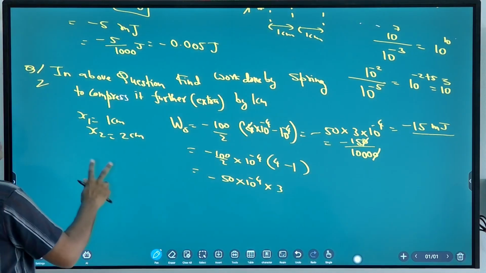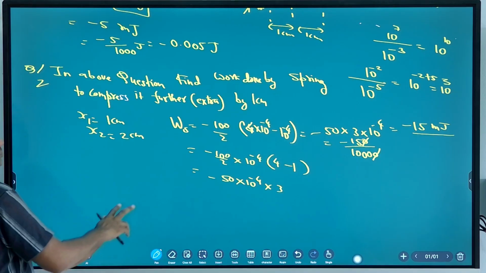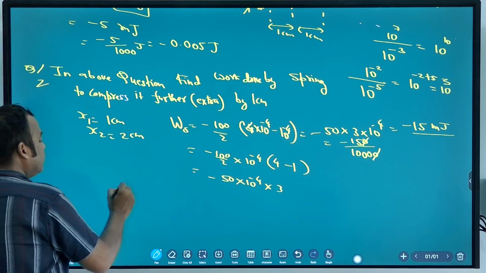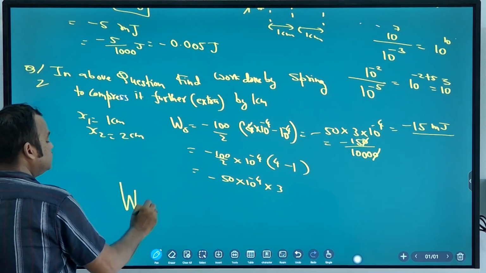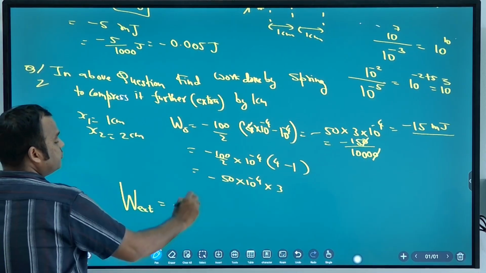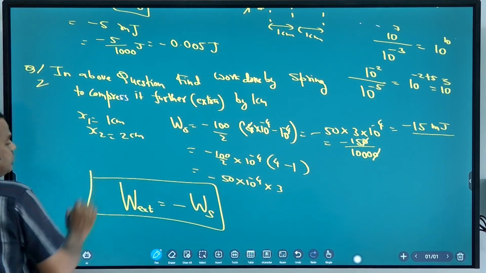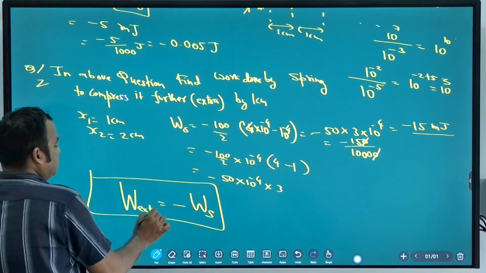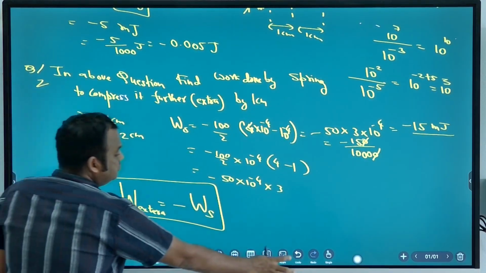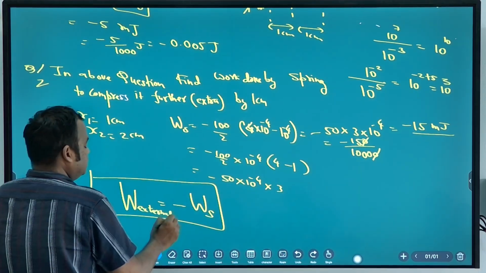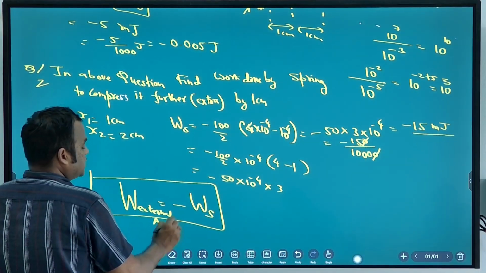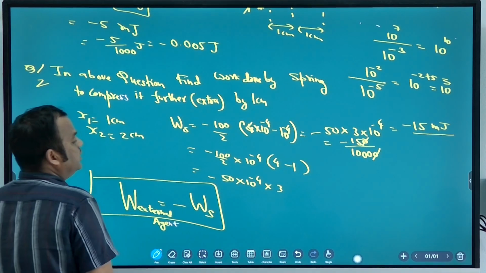Okay, see. So, this is the work done by spring. And what is the work done by external agent? Minus of work done by spring. Remember this. Work done by external agent is minus of work done by spring.